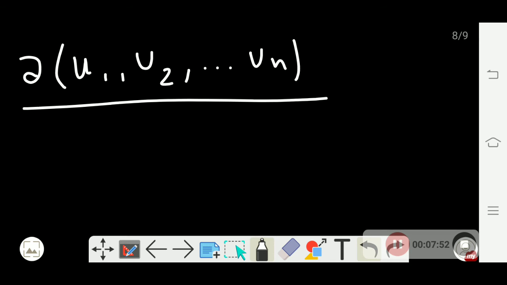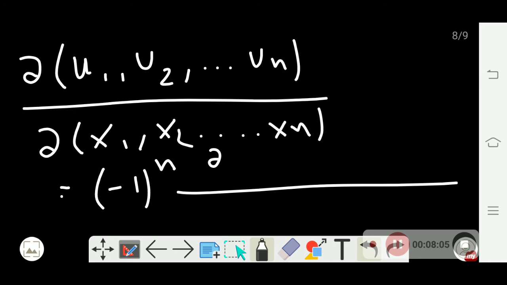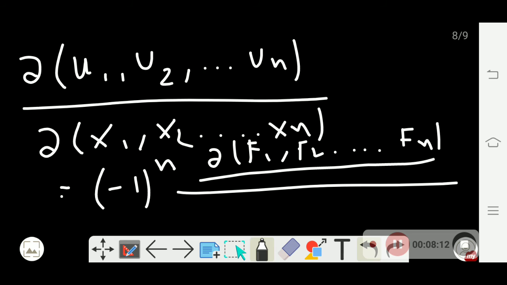Another property is that del of u1, u2, up to un over del of x1, x2, up to xn is equal to minus 1 to the power n times del of f1, f2, up to fn over del of x1, x2, up to xn, divided by del of f1, f2, up to fn over del of u1, u2, up to un. These are not that important, but remember this because the JAM question is unpredictable and depends on the examiner.